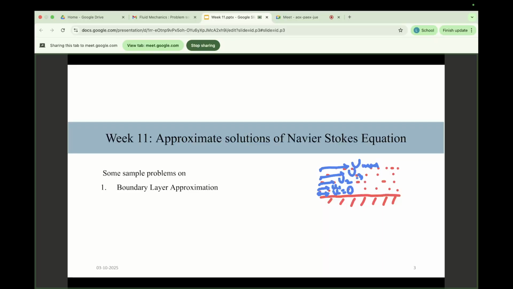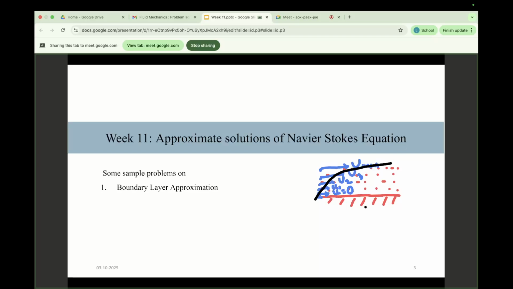Because of the change in this velocity, a region is forming. This region is known as the boundary layer. Why is this boundary layer forming?